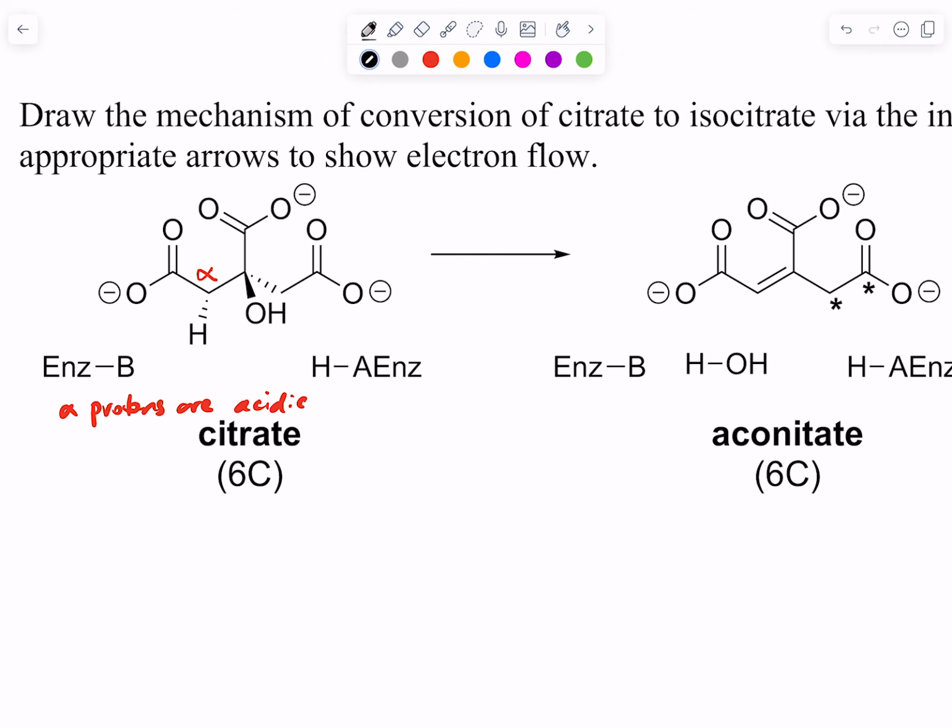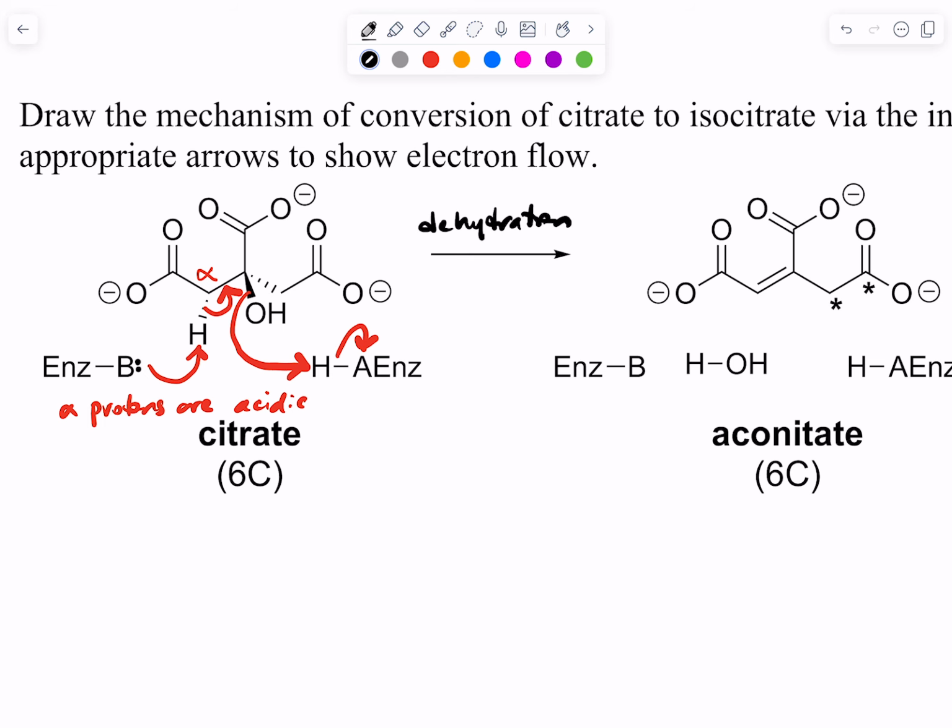Lone pairs on here can attack that proton. Then electrons will kick down, that's an elimination step, and OH leaves, picking up a proton as it leaves. And that's how you show the dehydration step.